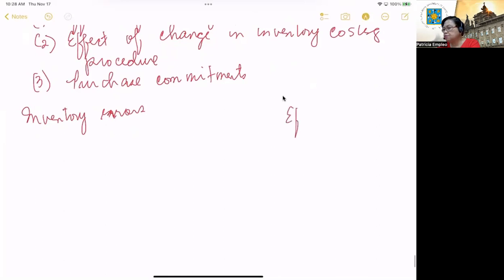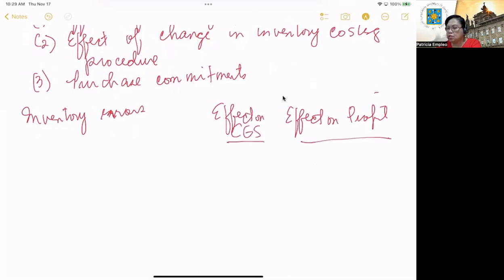So this is effect on profit and effect on cost of goods sold. If beginning inventory is, let us say, understated.